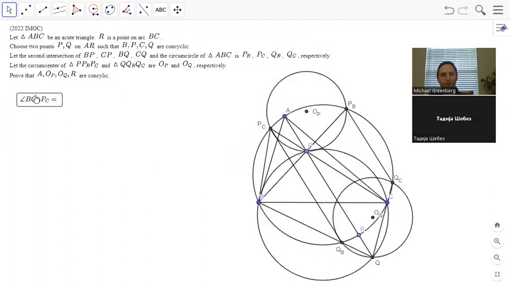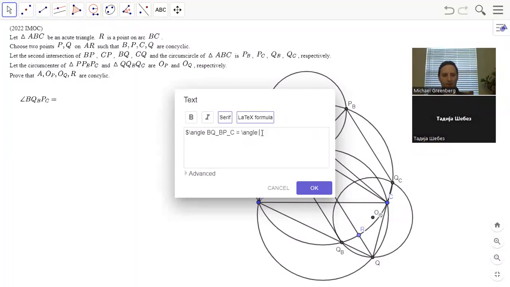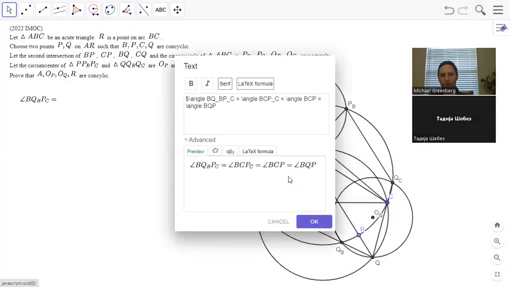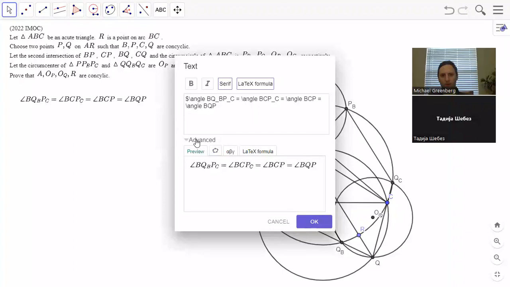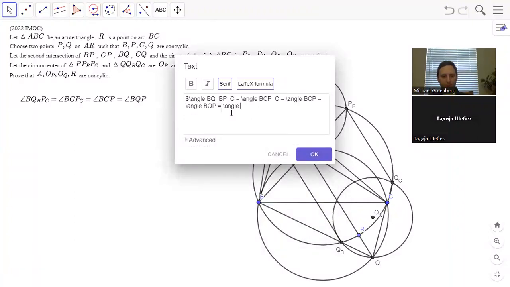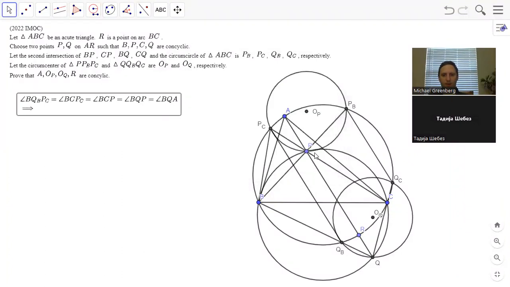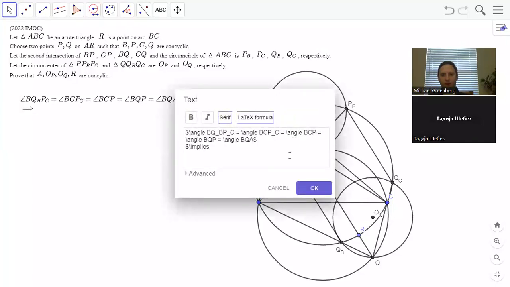Is BCPC, which is BCP, which is angle BQP. Let me see. BCP, which is BQA. And so that means that PCQB is parallel to AR.